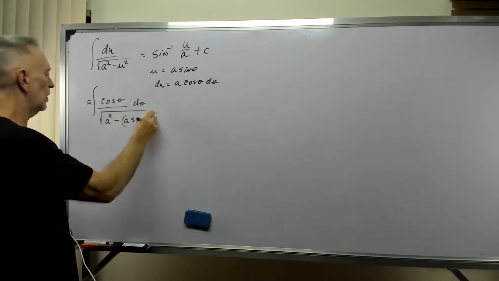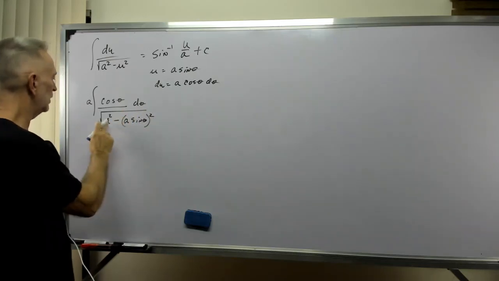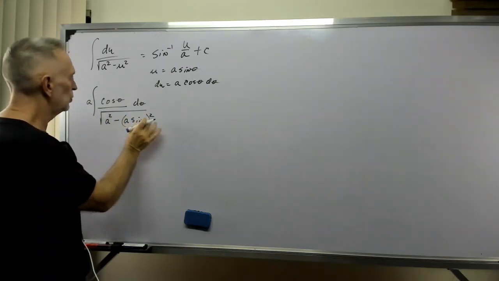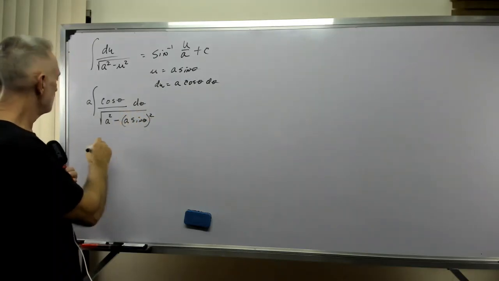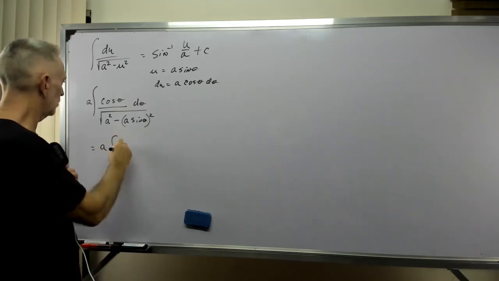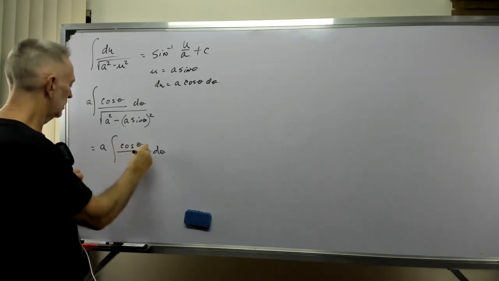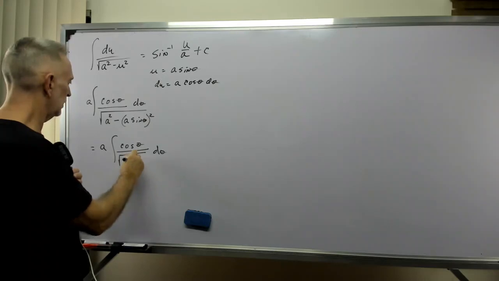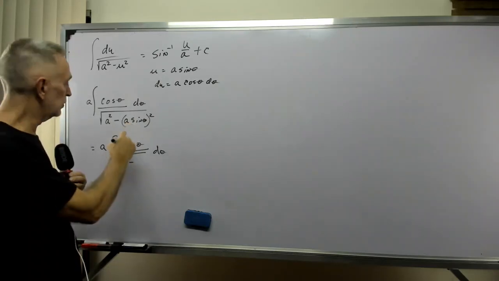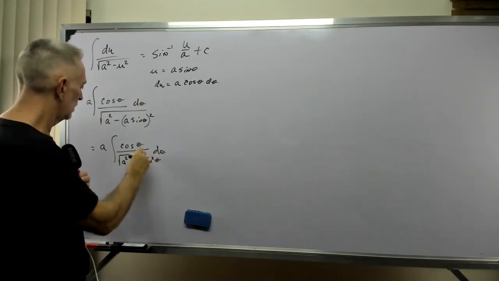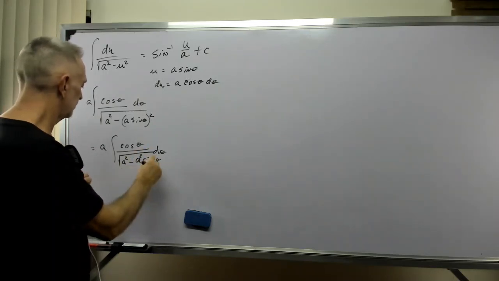So we still have a times the integral of cosine theta d theta over the square root of a squared minus, and we'll go ahead and square this now, a squared sine squared theta, still all under the radical sign.